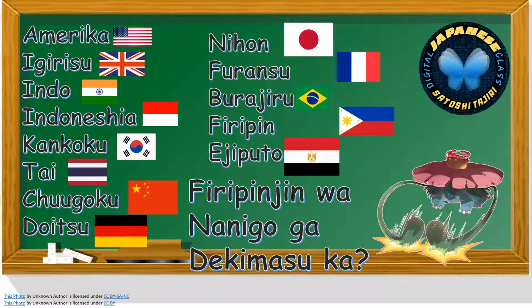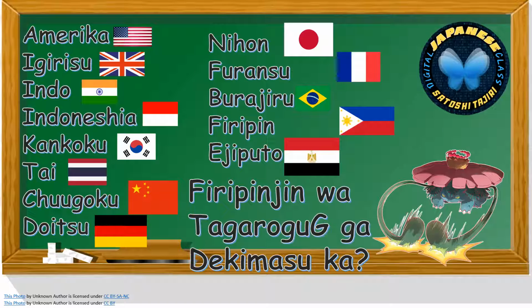Philippine Jin wa nani go ga dekimasu ka? What language can Filipinos speak? So how are we going to answer that? Just change nani go to Tagalog go, ga dekimasu. Then we drop our ka.